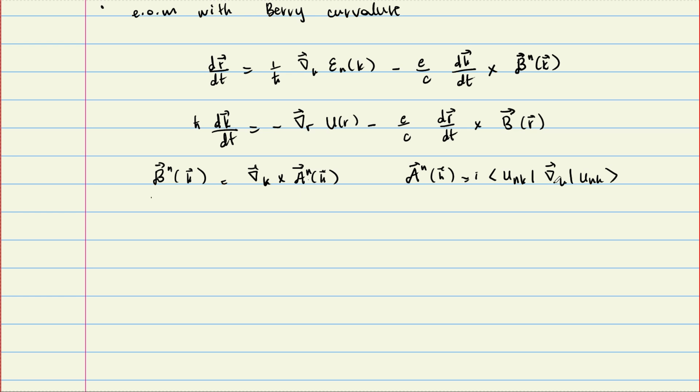Now I want to calculate the current resulting from this equation of motion. The usual current is J equal to minus e times v.